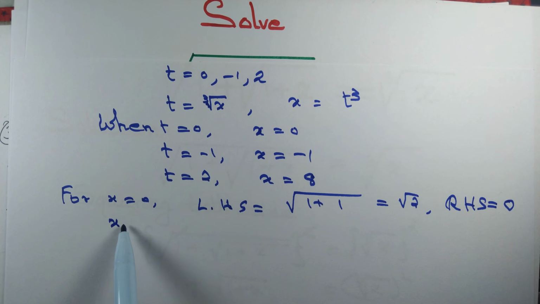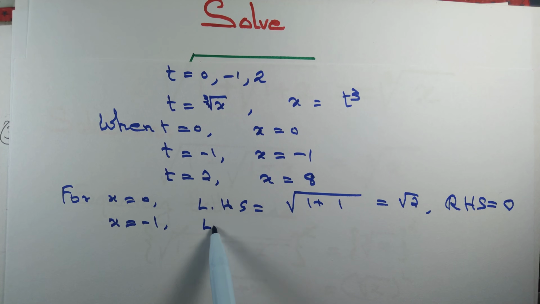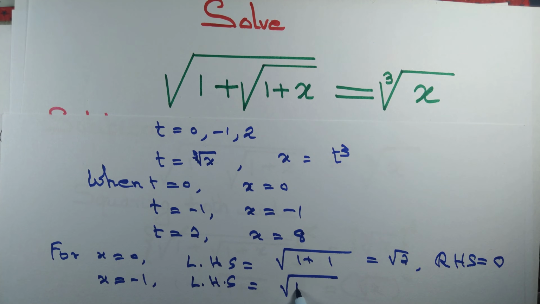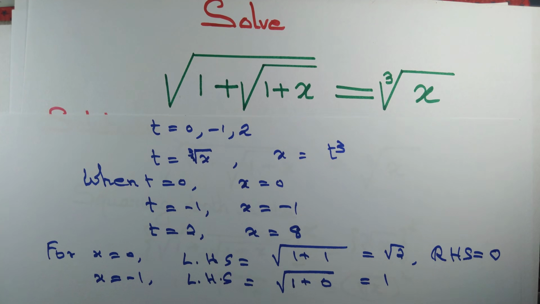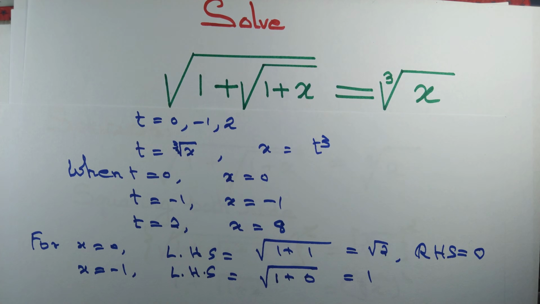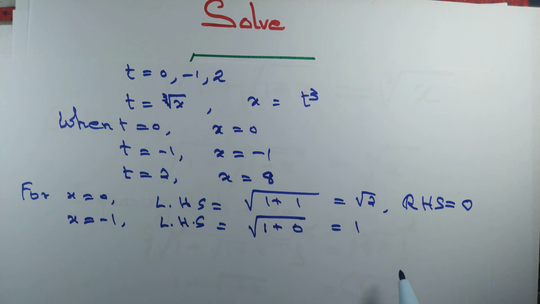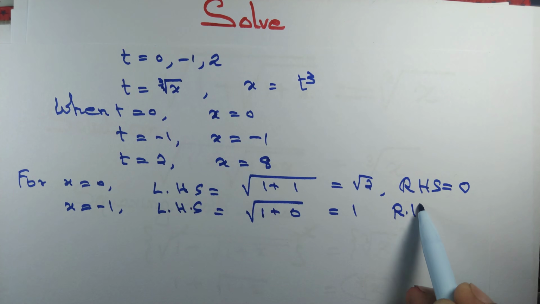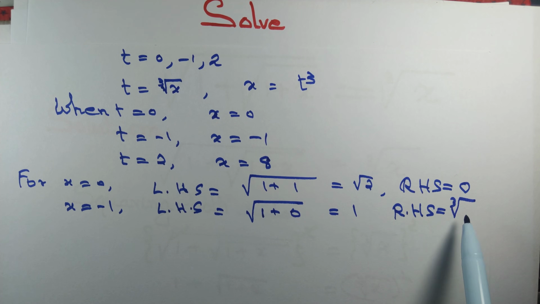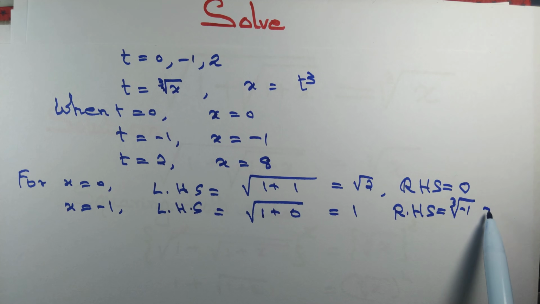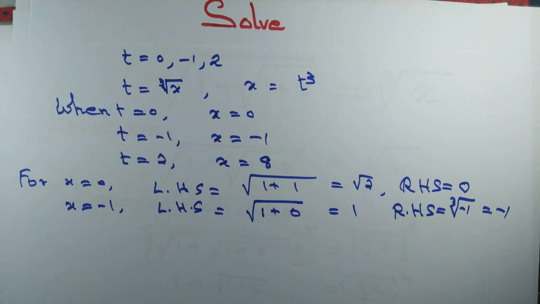For x equal to minus 1, LHS equal to square root of 1 plus 0, and that's 1. But right hand side is not satisfied. Right hand side is cube root of x, so cube root of minus 1, that's minus 1. So those two are not equal.